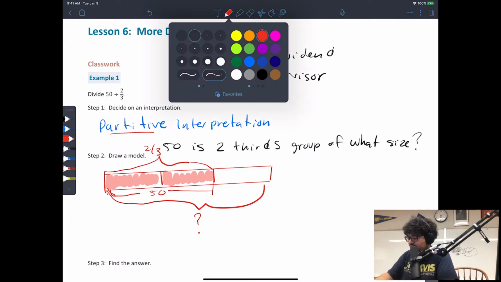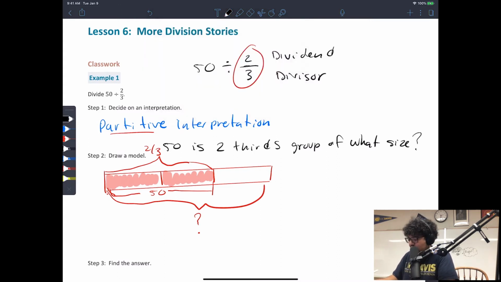And so if we know that those 2 out of the 3 represent 50, then I know that each one is 25. And if I know that the first 2 boxes are 25, then the third box is also 25. So the number there is going to be 75. 25 plus 25 plus 25 will give me 75.